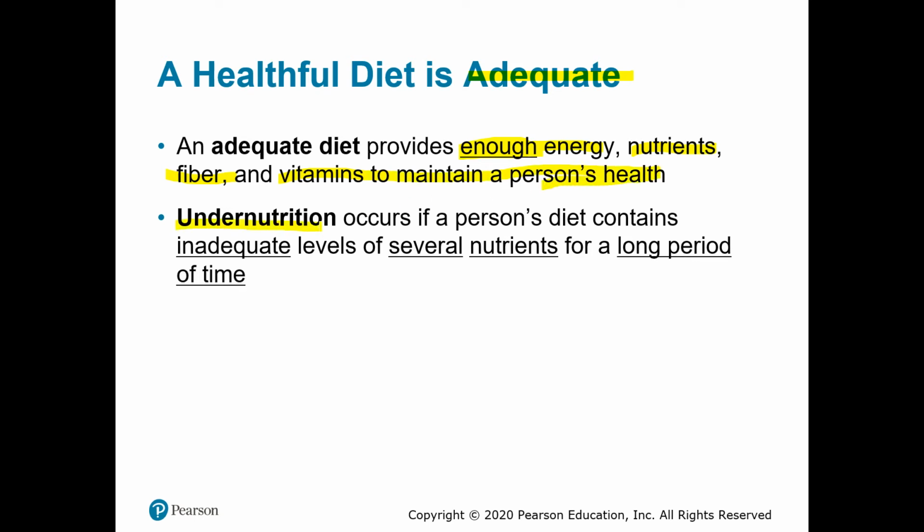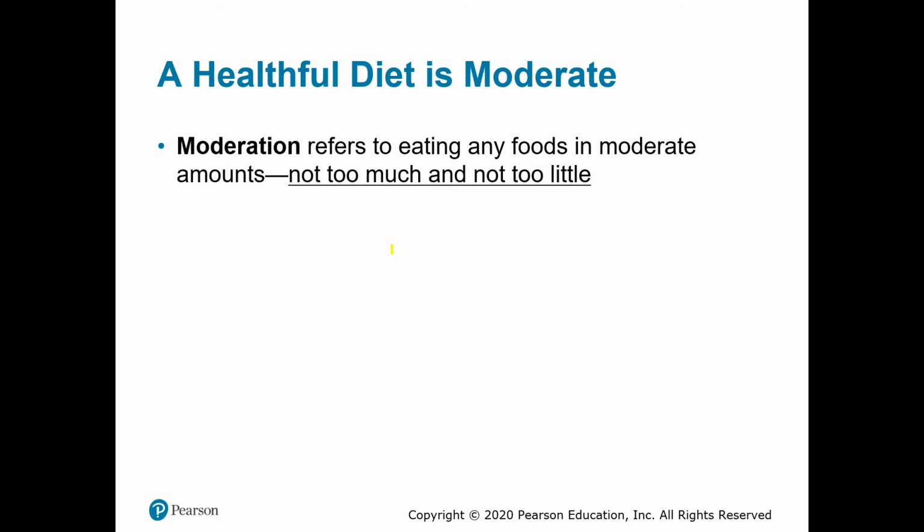We learned about the term undernutrition in our Chapter 1 lecture. Undernutrition occurs when a person's diet does not contain adequate levels of specific nutrients or energy over a long period of time.